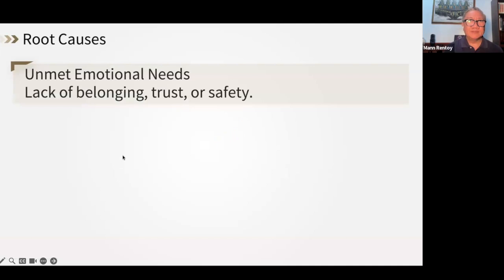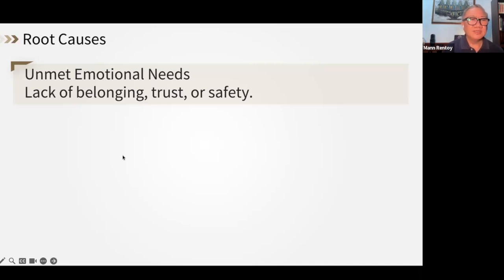Number one, a person may look disrespectful because of some unmet emotional needs. They may be acting disrespectful because they don't feel they belong. In fact, that is what happens to a new student who transfers to another school and is in the middle of a classroom full of strangers, because the other people there may know each other, but he does not know them.